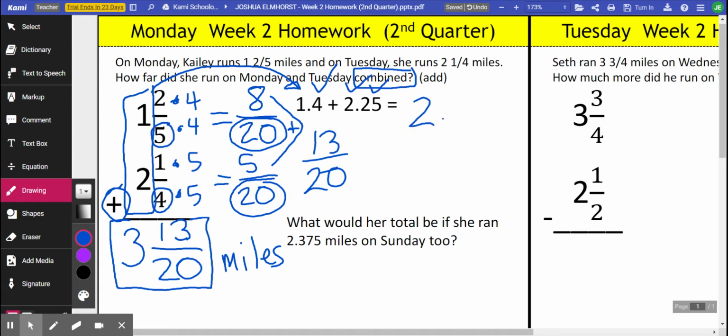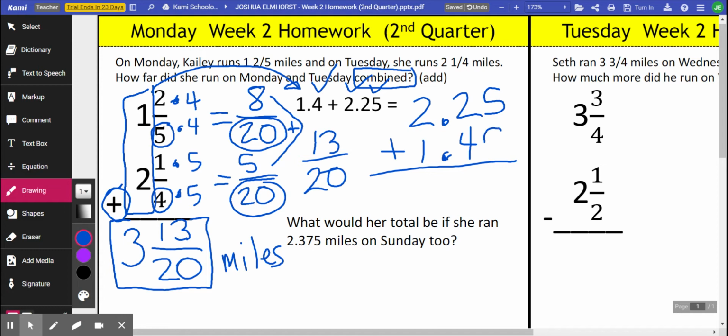So let's line up our whole numbers. So we have 2 as a whole number, and then we're going to line up our whole number here, and then line up our decimals. So we're going to add up these numbers, 2 and 25/100, and 1 and 4/10.